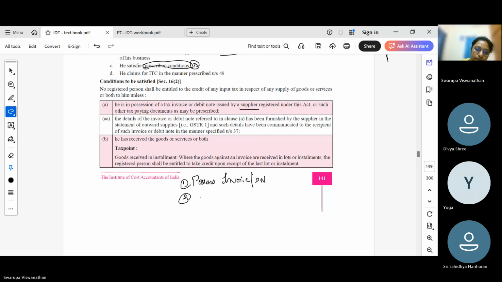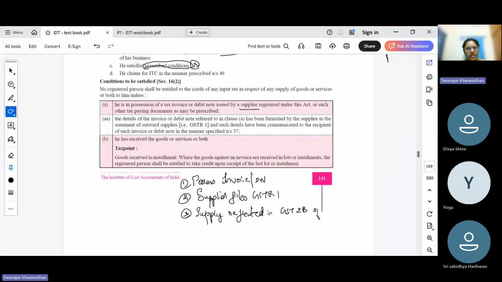That is, the supplier files GSTR1, and the supply is reflected in GSTR 2B of the recipient.